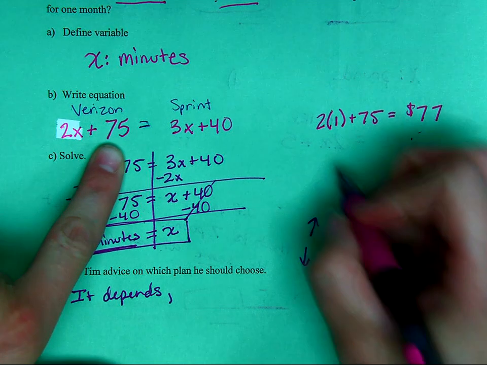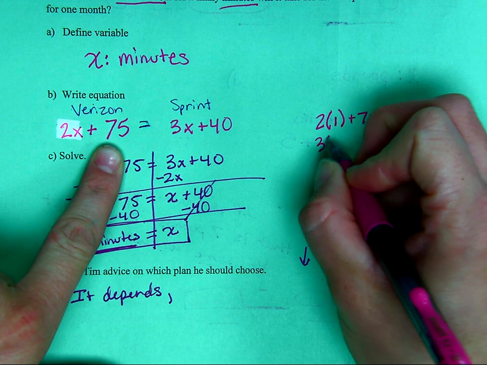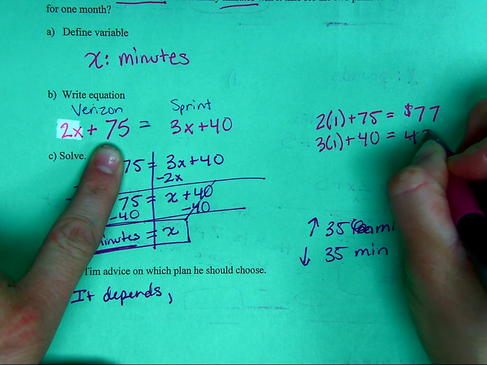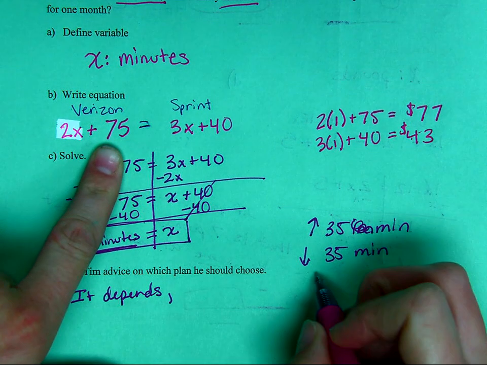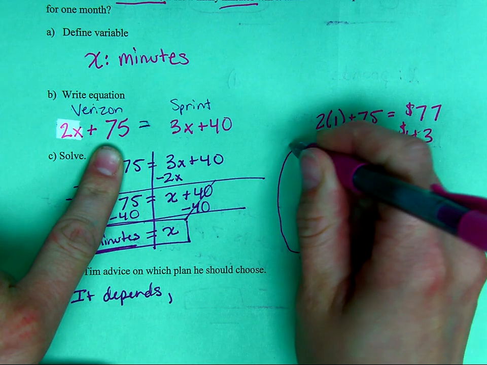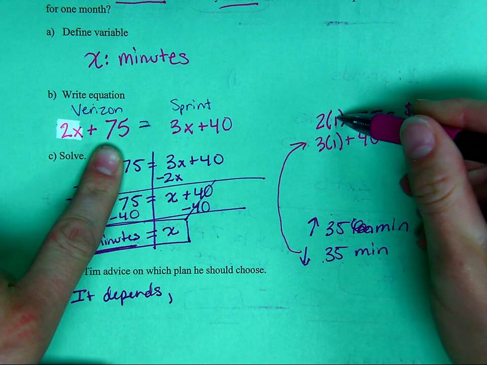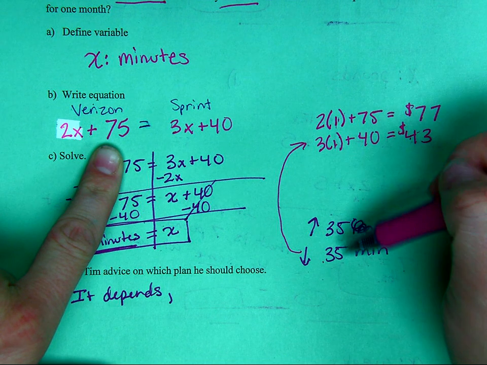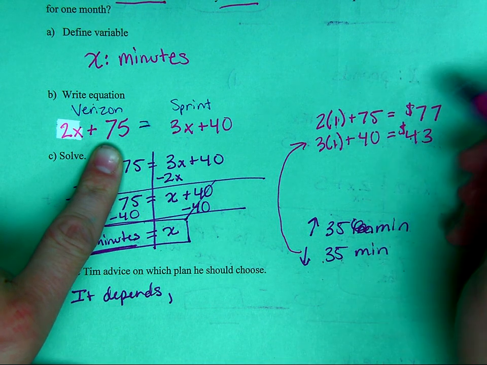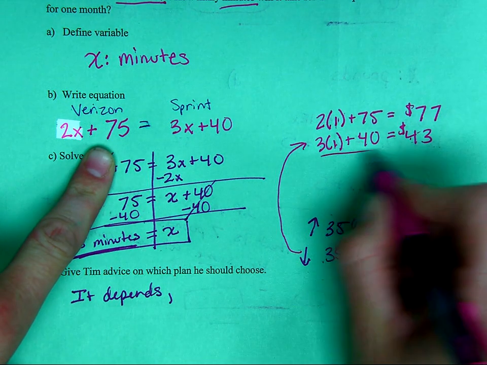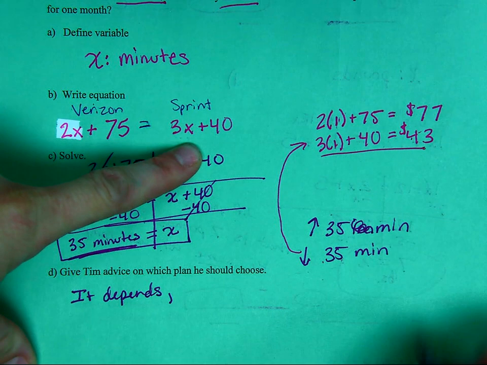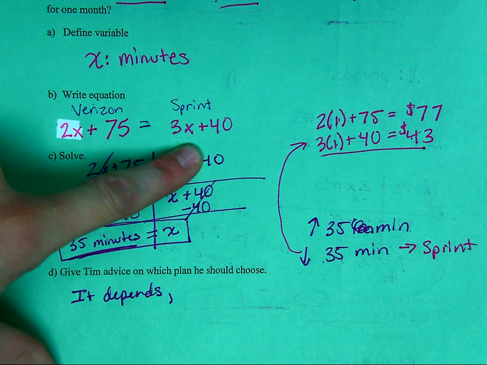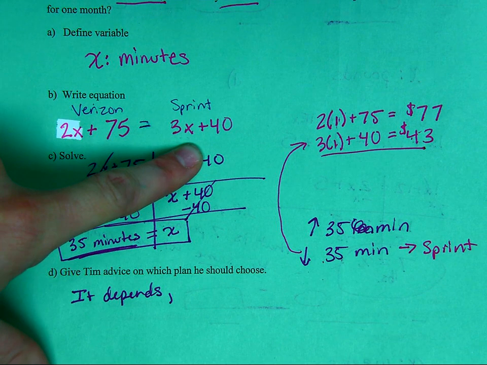But for Sprint, if I use 1 minute, only costs me $43. So until I get to 35, right, I could keep changing this, 2 and 3 and then 4. I go all the way up to 34. But any number less than 35 is going to show me that this place is cheaper, which was Sprint. So Sprint is cheaper if Tim uses less than 35 minutes.